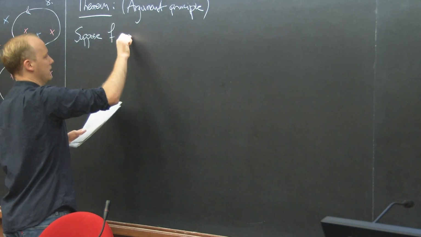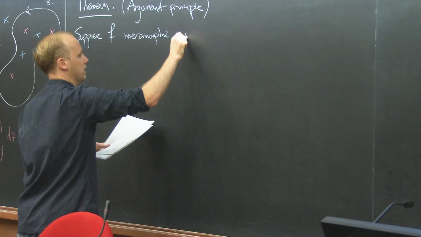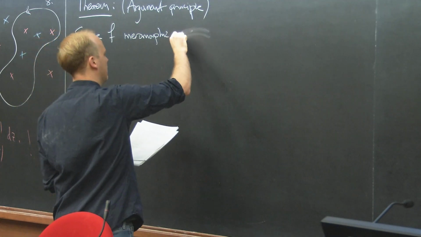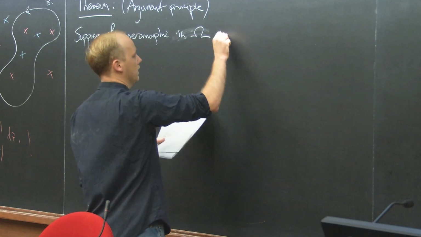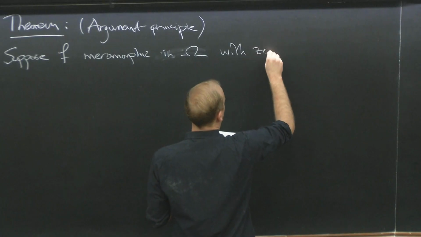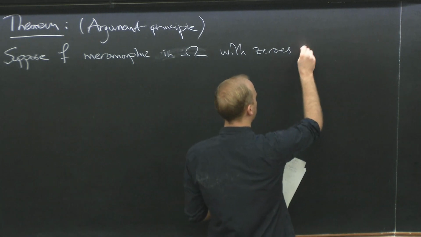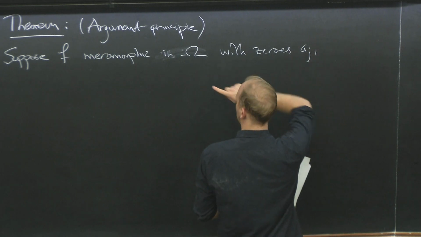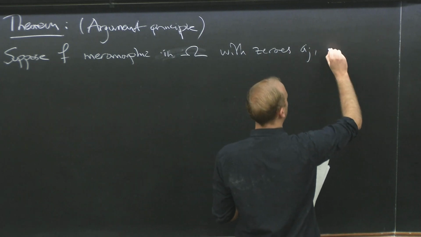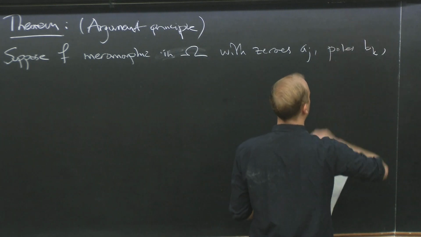Suppose that f is meromorphic in some region omega. And now instead of just saying singularities a_j, we say that we have zeros a_j, and we want to distinguish zeros from poles for this meromorphic function. So zeros a_j and poles b_k.